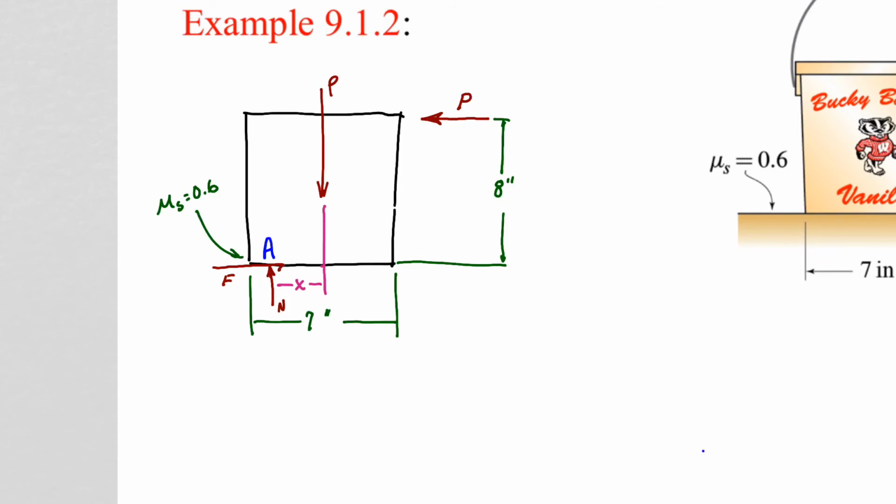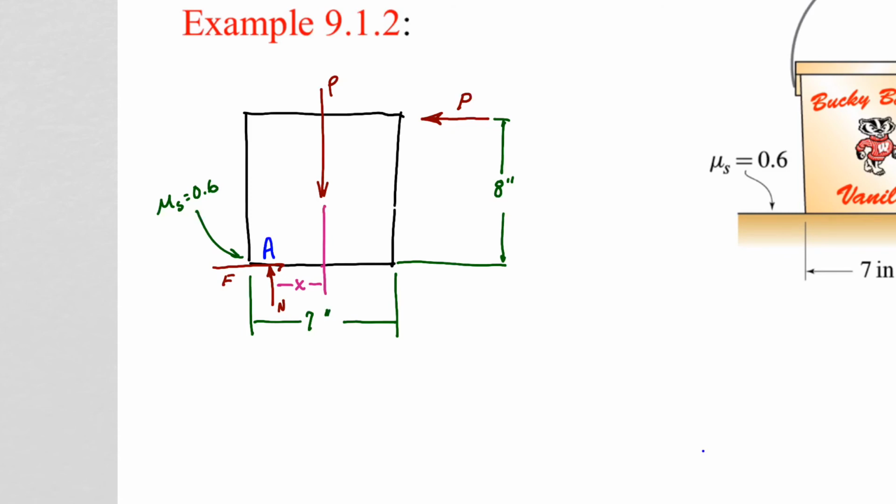Here's the free body diagram for the situation where we don't know where this normal force is. We want to find out what that distance x is from the center of the pail, such that it is on the verge of impending motion. Anything more than x, it will definitely slide. Anything less than this value, it will want to tip.